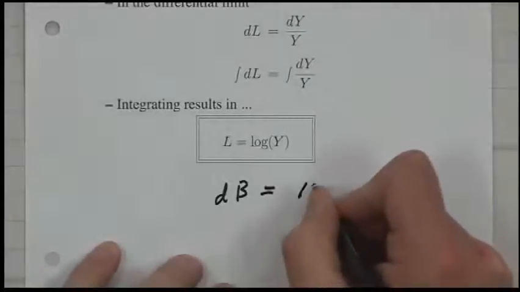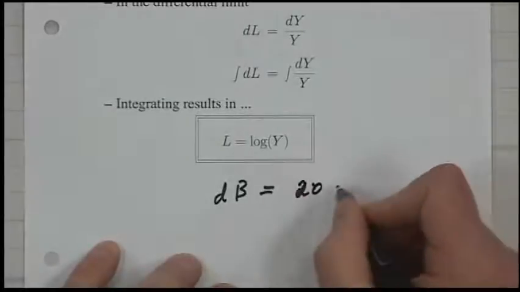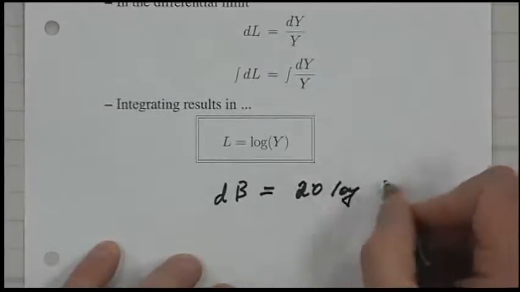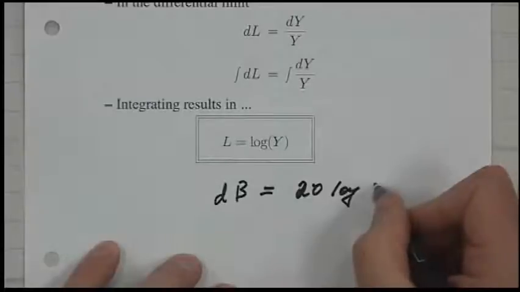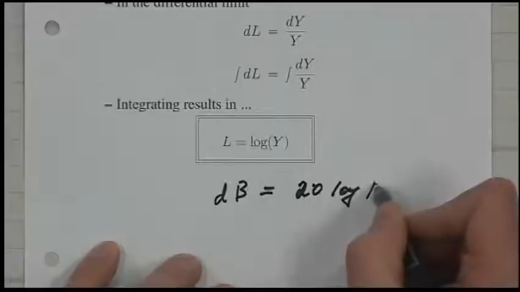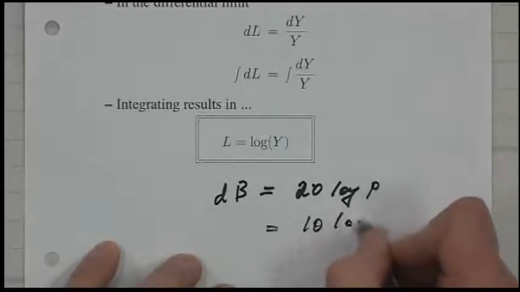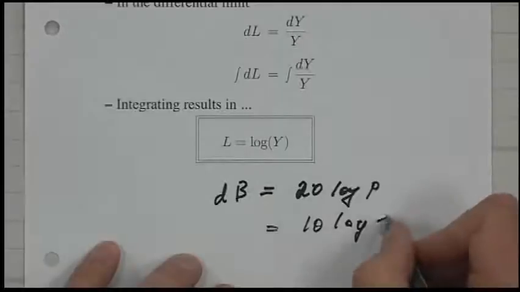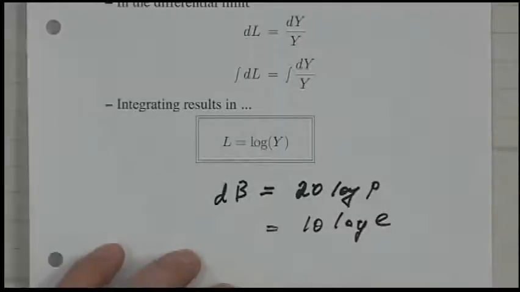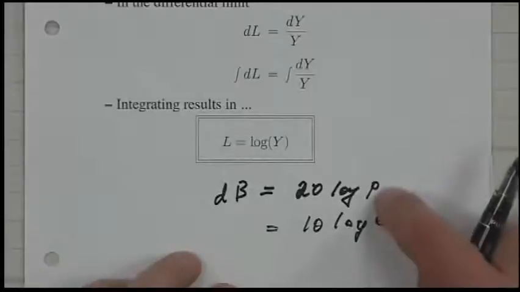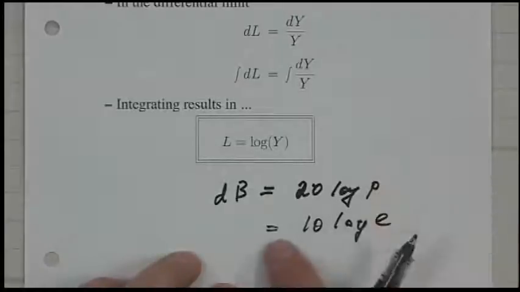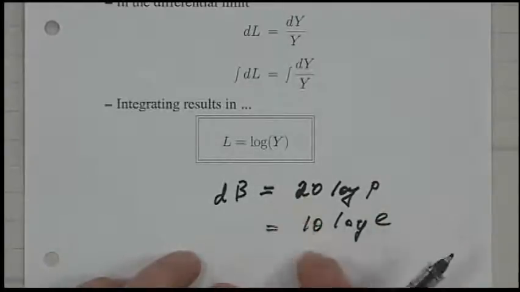You take, say, 20 times the log of the signal if it's pressure, okay? And you take 10 times the log if it's energy. Because the energy is a square of the pressure, so you absorb that in this factor of 2.